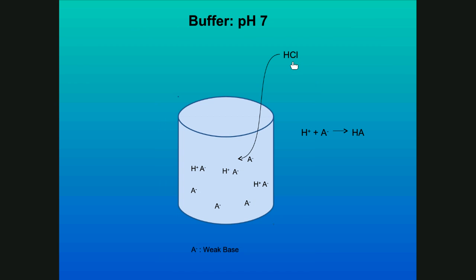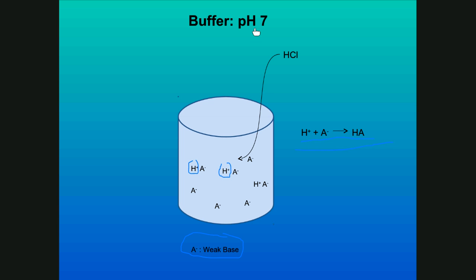If you were to add an acid such as HCl, hydrochloric acid, to a buffered solution that's supposed to keep the pH at 7, every time this acid releases a proton, the protons will chemically react with the weak base, and this is what will happen. So we don't get an increase in the concentration of protons, and since HCl cannot cause an increase in the concentration of protons because this part of the buffer removes the protons, the pH stays at 7.